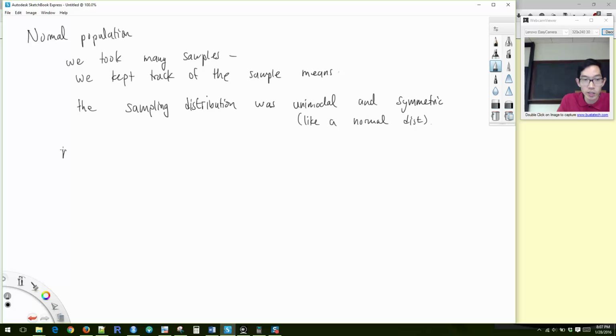The mean of the sampling distribution was the same as the mean of the population.